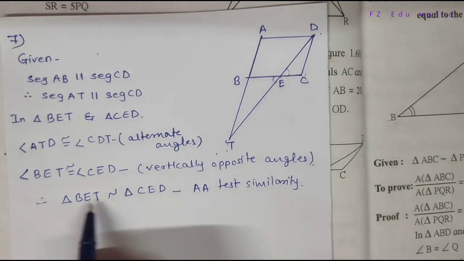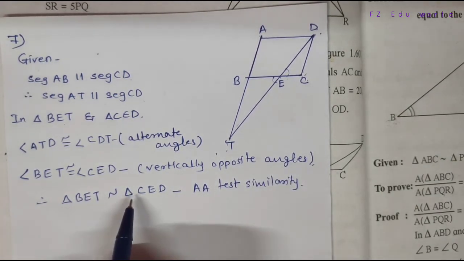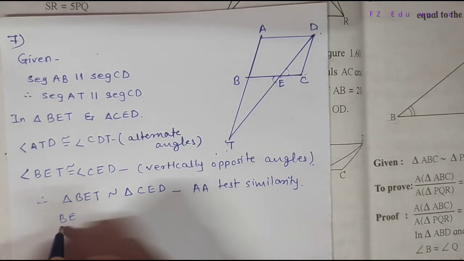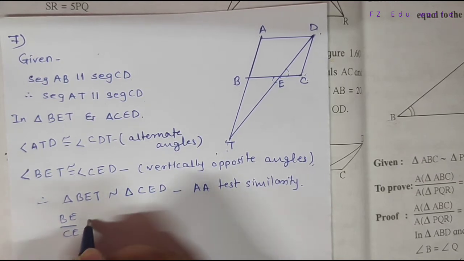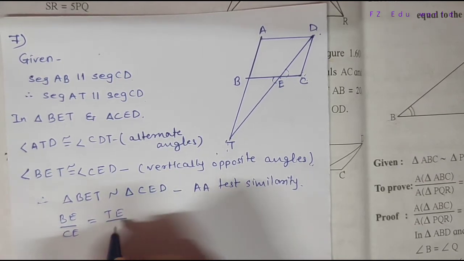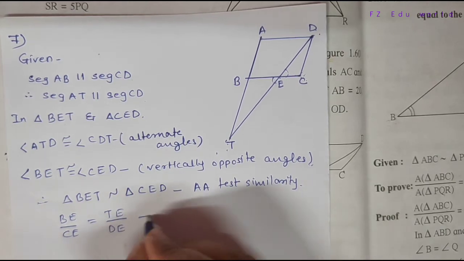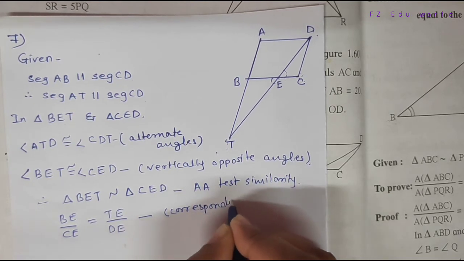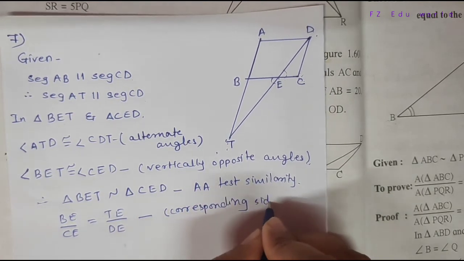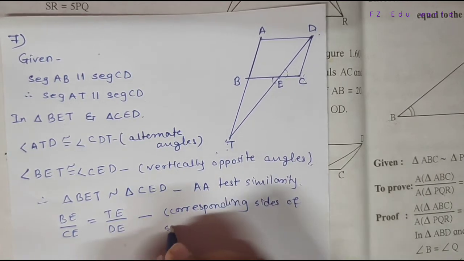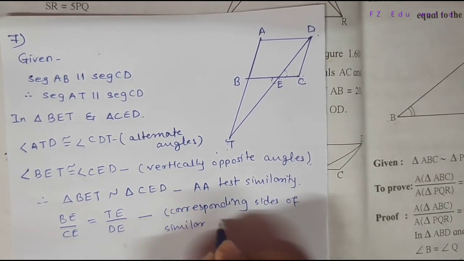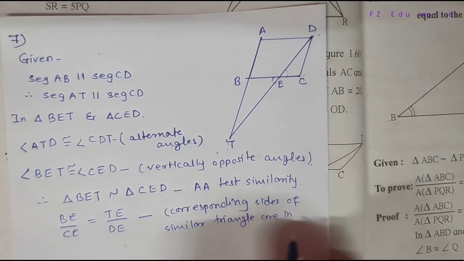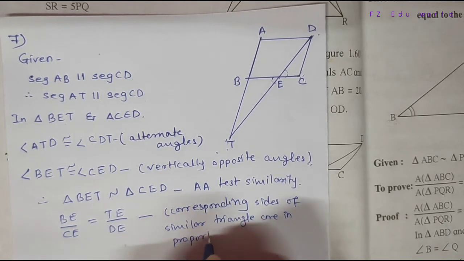As these two triangles are similar, their corresponding sides are in proportion. So we will write BE upon CE is equal to TE upon DE. Why? Corresponding sides of similar triangles are in proportion.